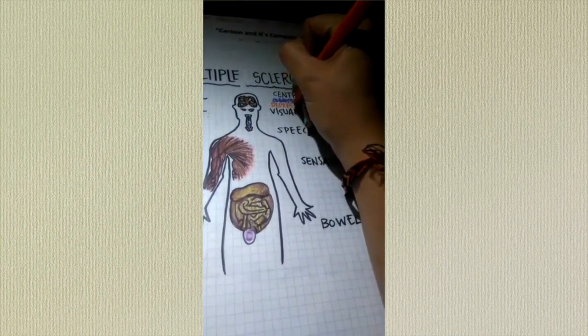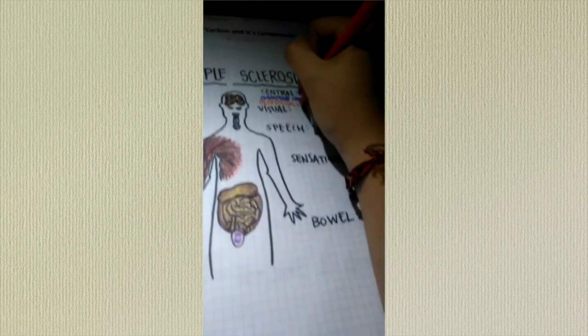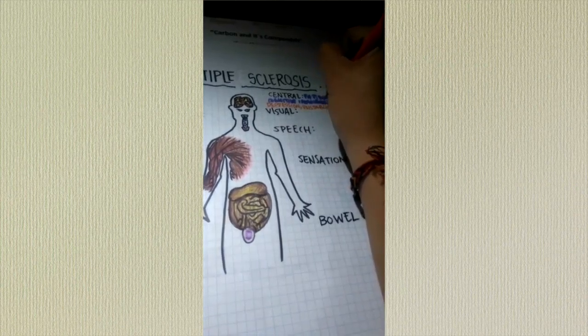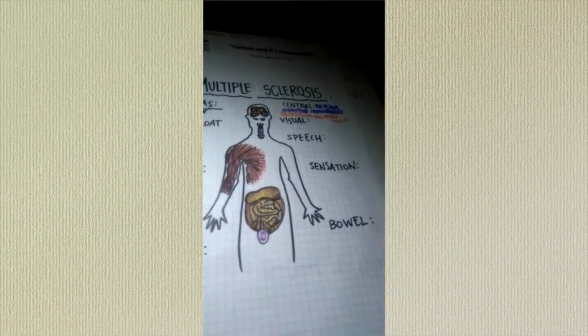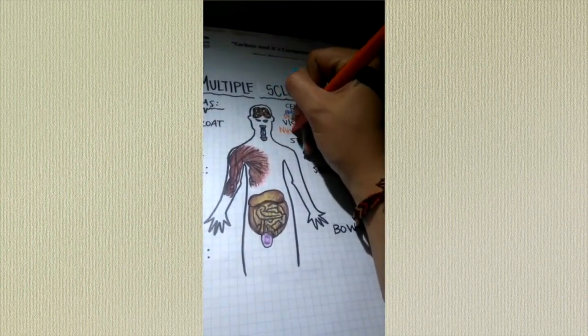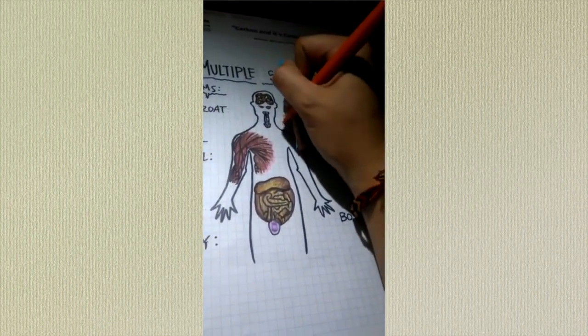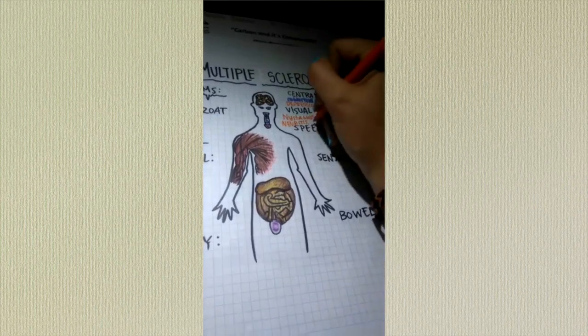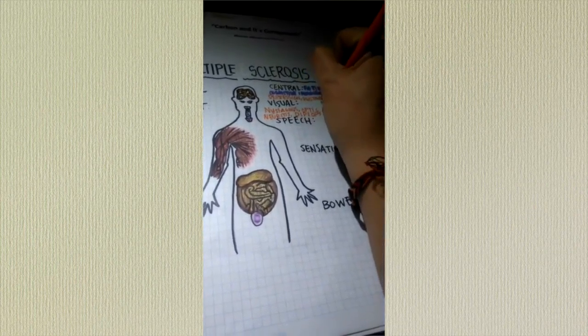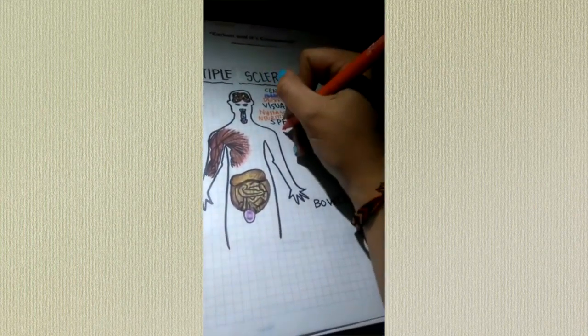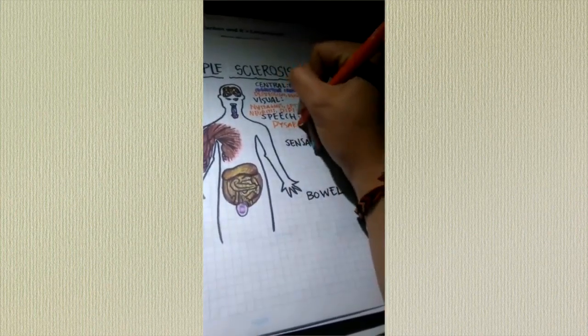Multiple sclerosis. Symptoms: central, fatigue, cognitive impairment, depression, unstable mood. Visual: nystagmus, optic neuritis, diplopia.